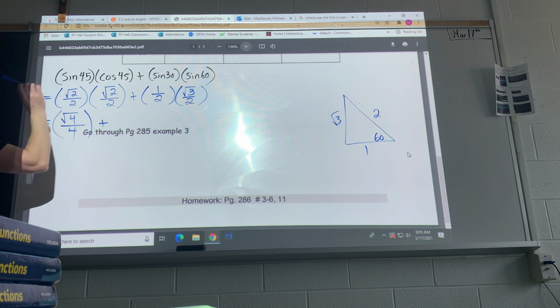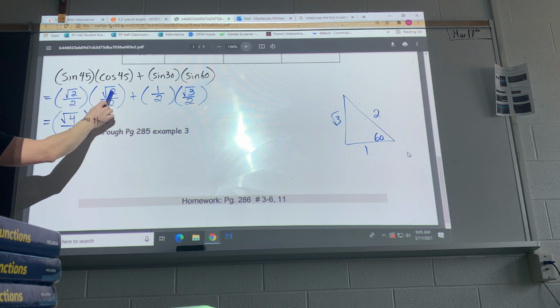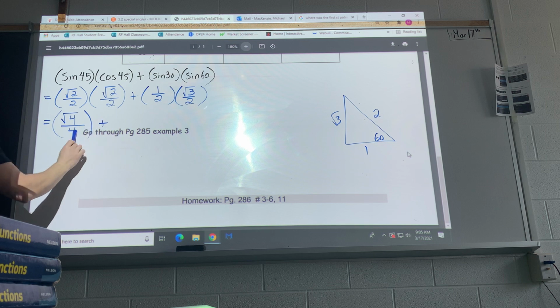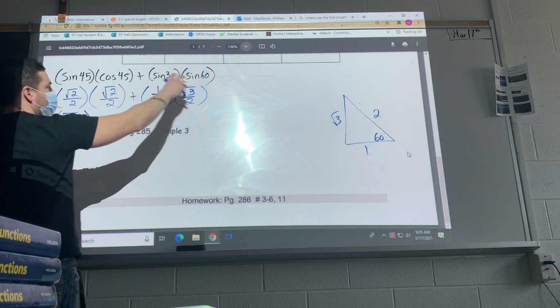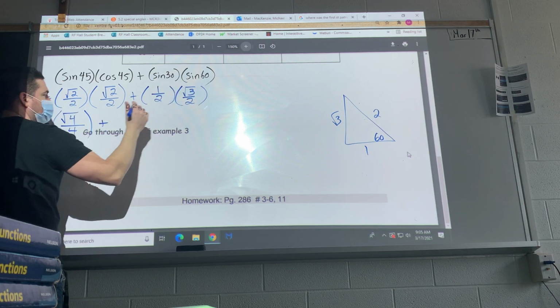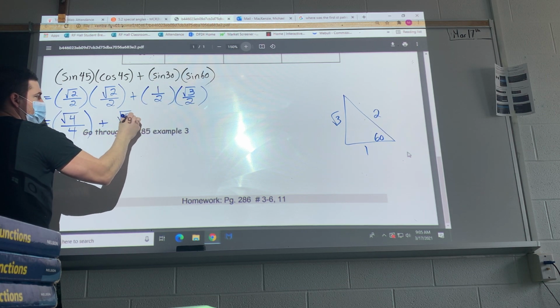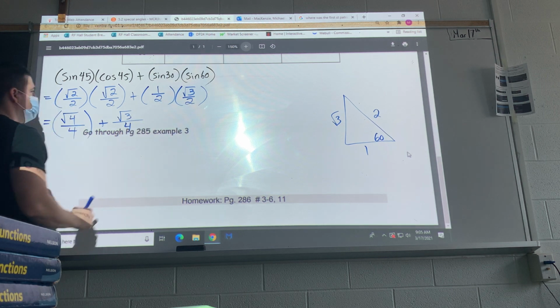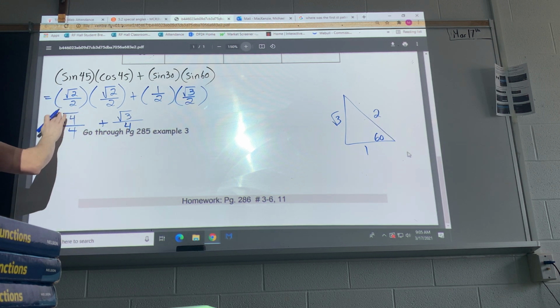Again, when multiplying fractions, we multiply the numerators together. Now we do the second brackets. Multiplication following BEDMAS: 1 times root 3 is just root 3, and 2 times 2 is 4. I can remove the brackets, I don't need them.